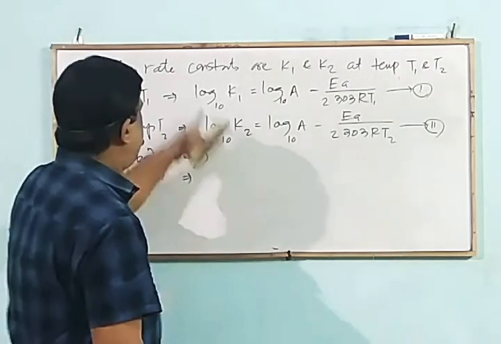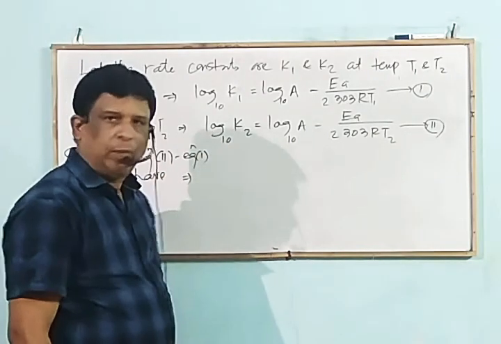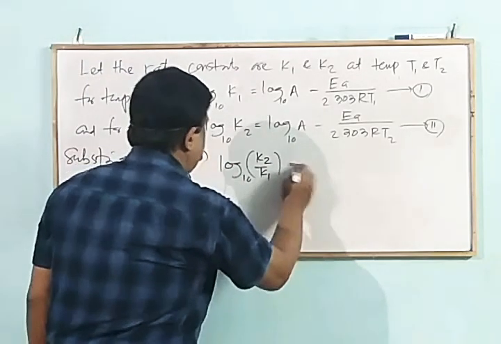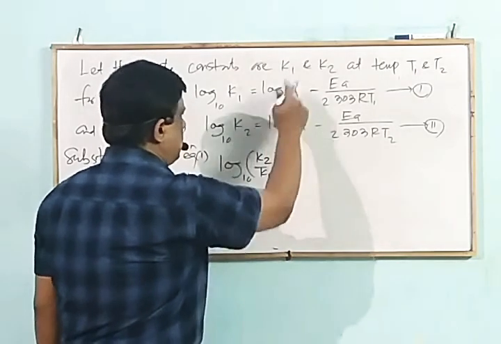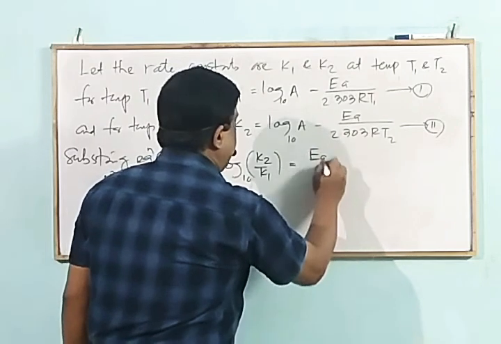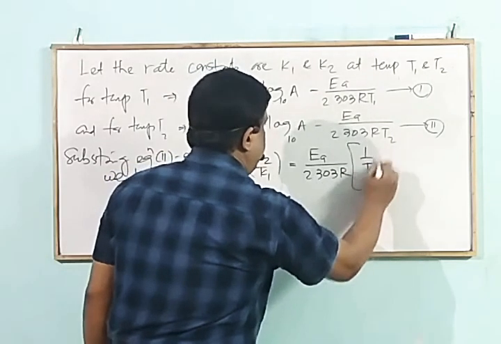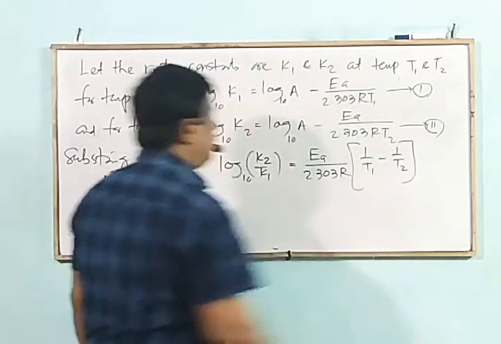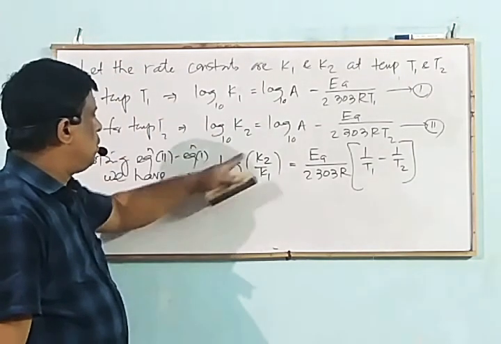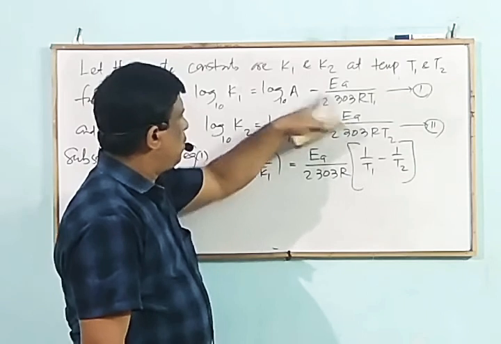left minus left is equal to right minus right. Log A minus log B is equal to log A by B. That is log K2 by K1 is equal to this term minus this term, where log A cancels out. This term minus this one, minus and plus, that is taking common Ea by 2.303 R, 1 by T1 minus 1 by T2. I repeat again: log A minus log B is equal to log A by B. This one cancels out.